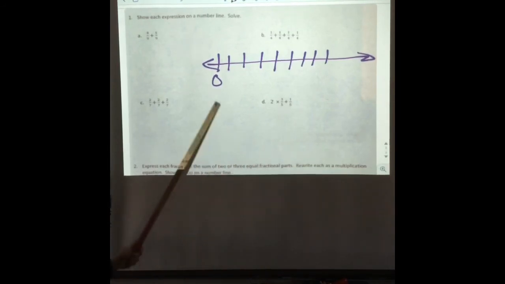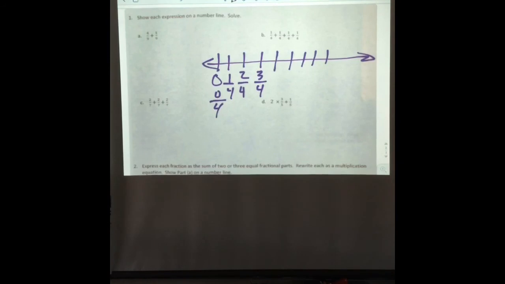And I'm going to throw some other numbers out there. What is below the 0? 0 over 4. Next one, 1 over 4. Next, 2 over 4, 3 over 4, 4 over 4, 5 over 4.